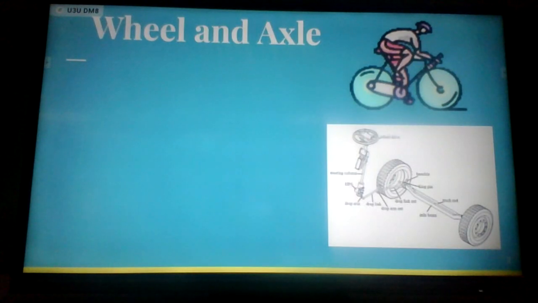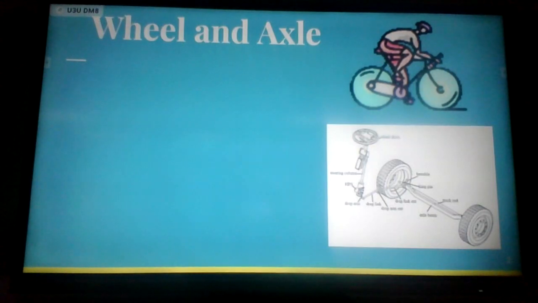Remember that a lever is a bar that turns around a fixed point we call the fulcrum. Well, think of a wheel as a lever that goes all the way around, and we call the fulcrum an axle. So wheels and axles are actually levers that go all the way around.